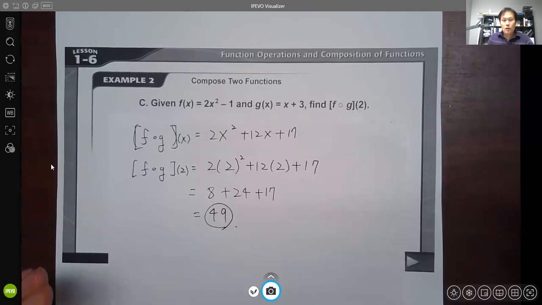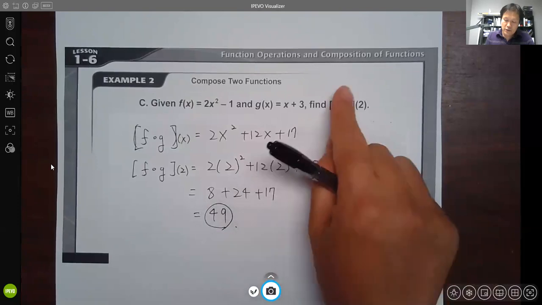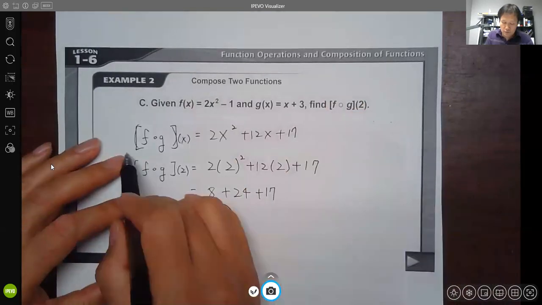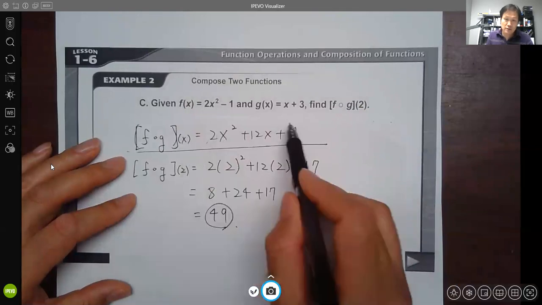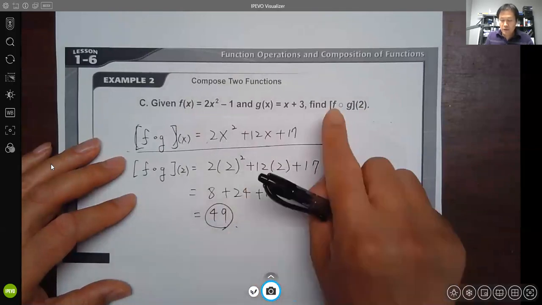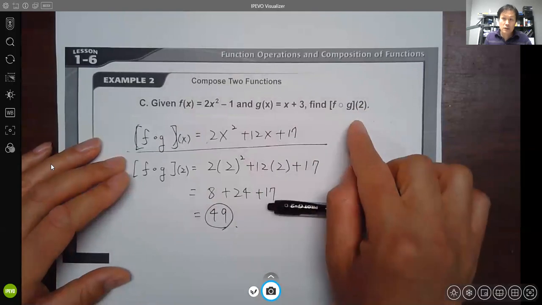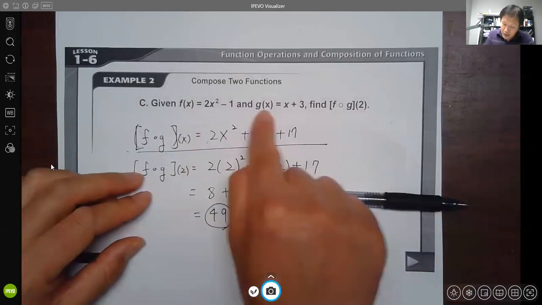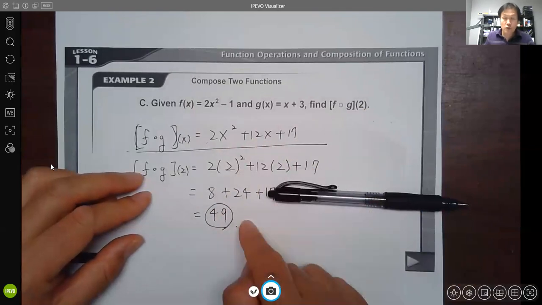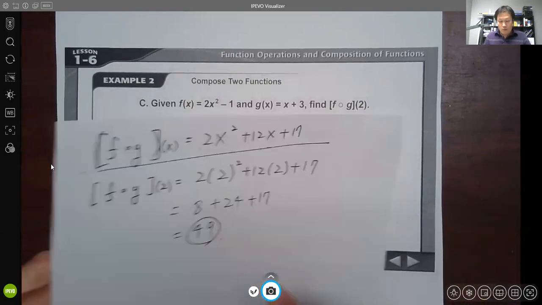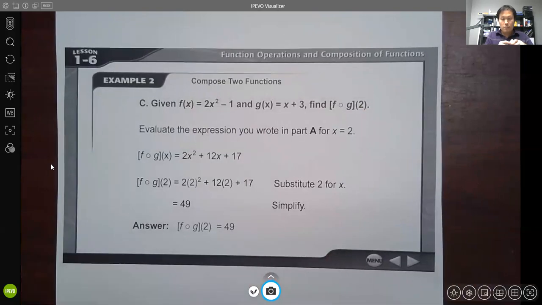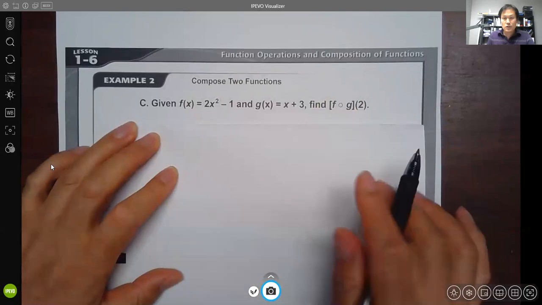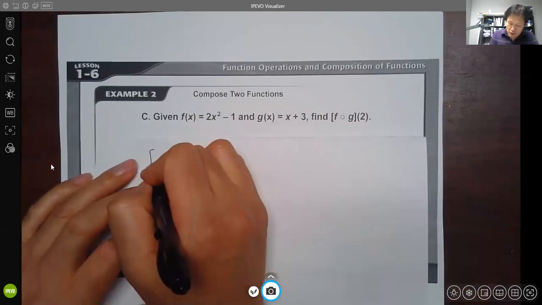Side note. What if I asked you this question without asking the previous question? What if I didn't have that ready? Can I still go through the previous step for f of g, get that, then plug in? Yes, you can. But if my question is only getting this, there's an easier way to deal with it.